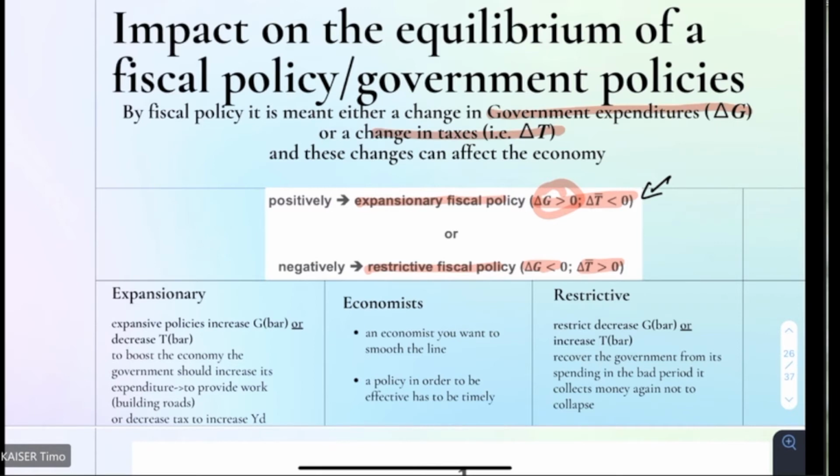And the restrictive policies would happen when the government needs to recover from before, like after an expansionary policy will follow a restrictive one, because now it needs to recover and get some money back. Exactly.